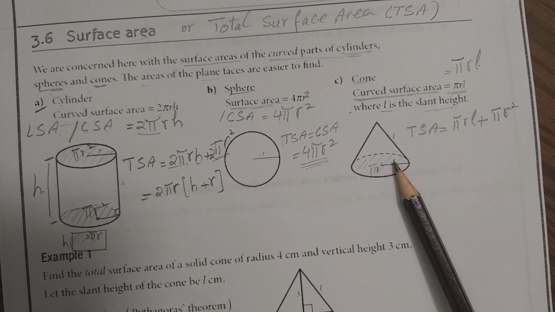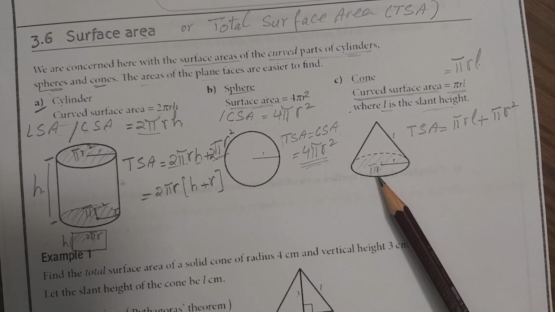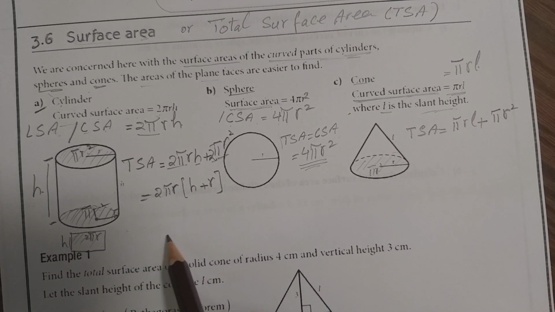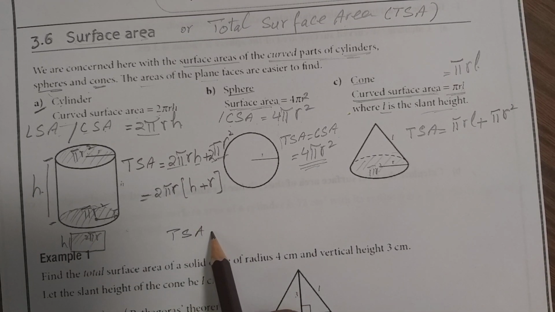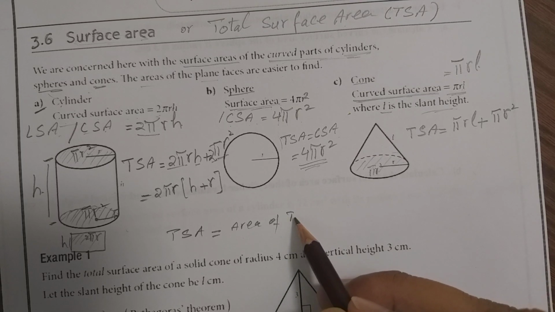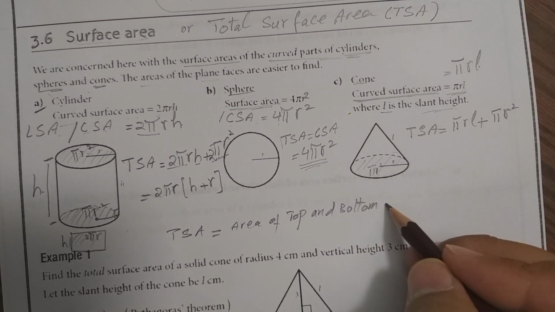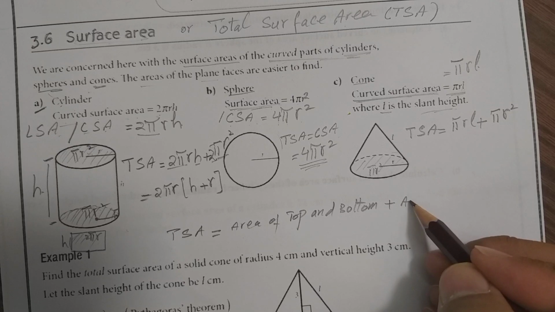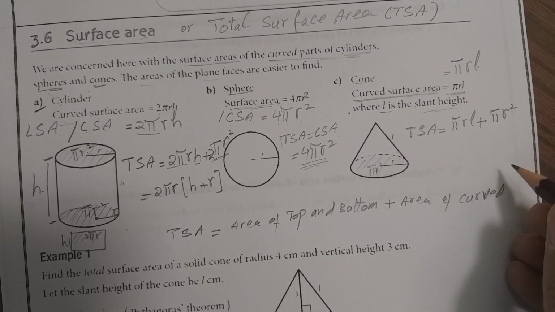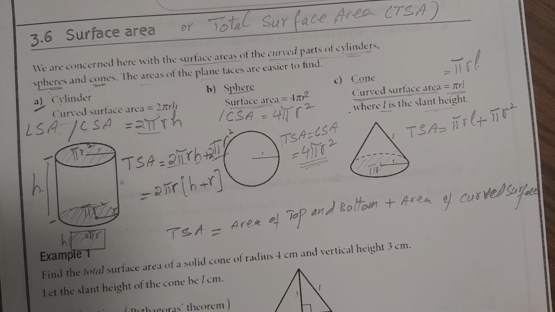So we know the formula: total surface area equals the area of top and bottom plus the area of the curved surface.